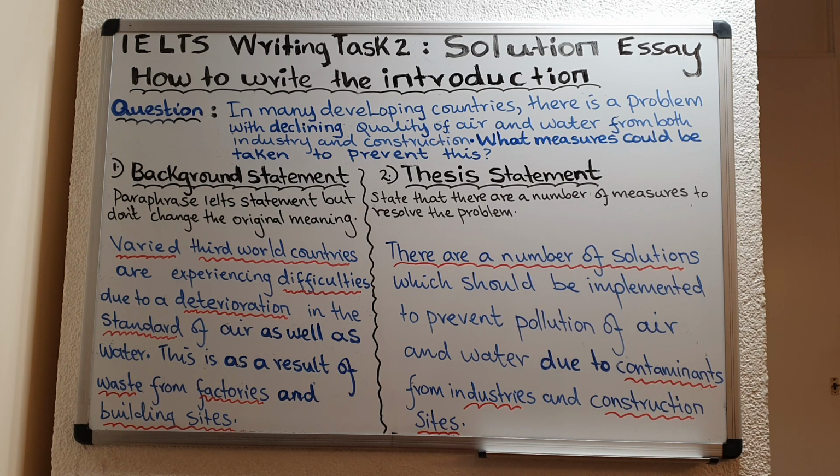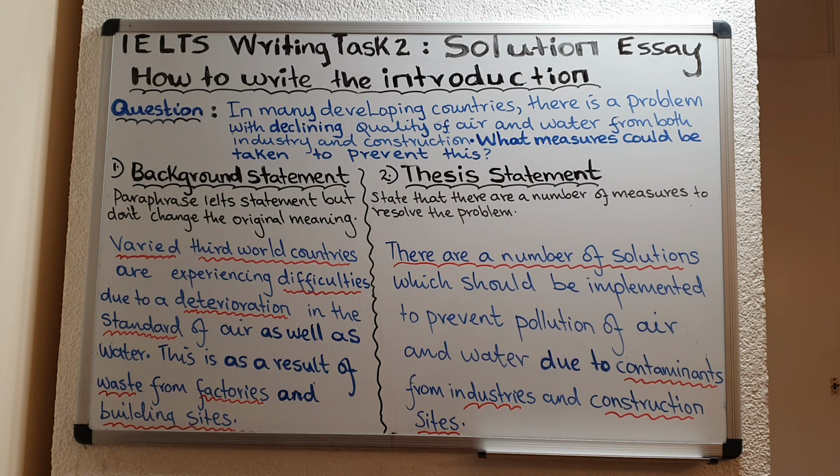Now remember, you're expected to write an essay of 250 words. If you're aiming for a Band 8 or a Band 9, then you should write 300 words plus. Maybe 310, 320. And remember, IELTS Writing Task 2 is the same for the academic students and the general training students.